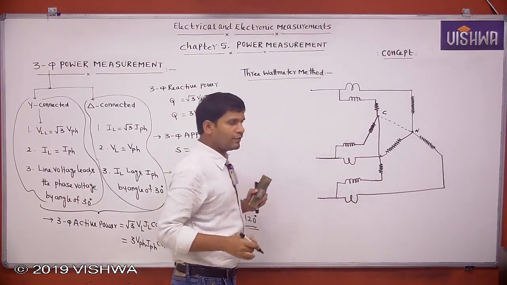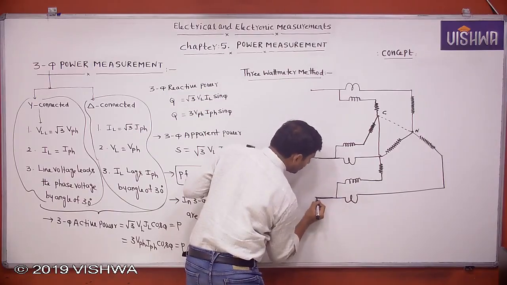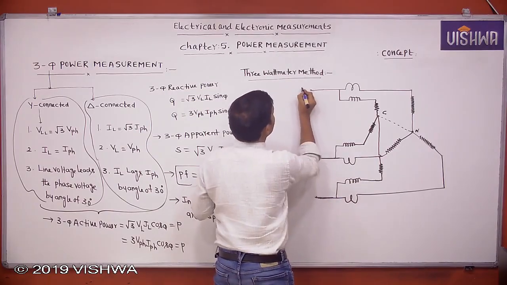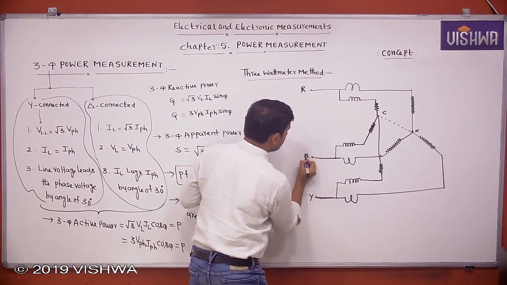Like this, for each phase we are connecting 1 wattmeter. Let me explain this concept for the RYB phase sequence. This is R, this is Y, this is B.